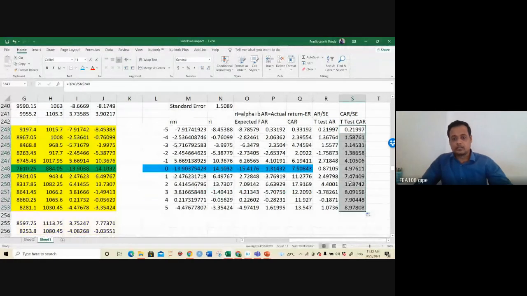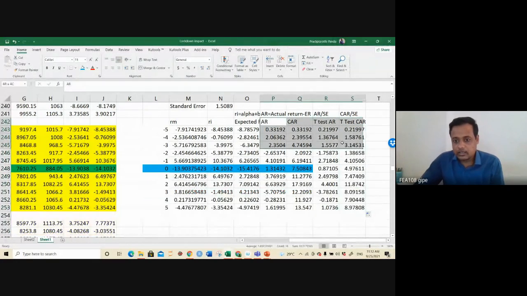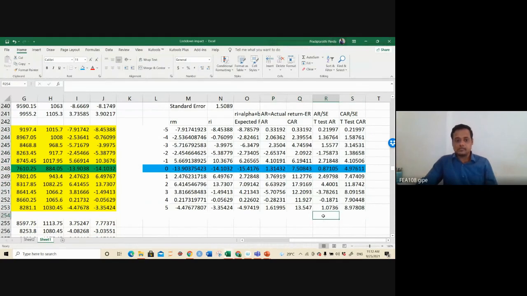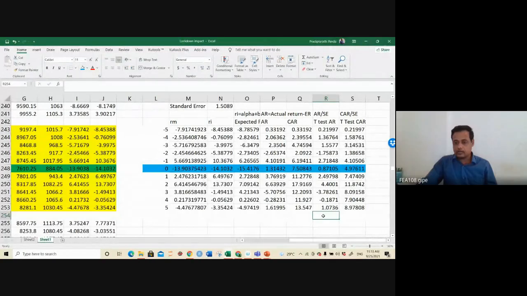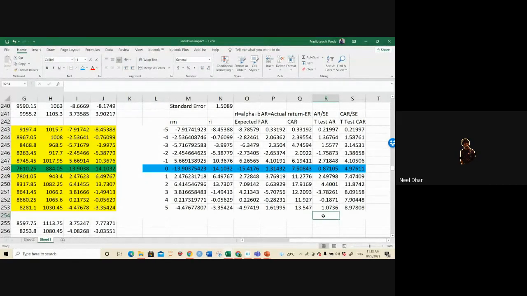Okay. So we have done so much, AR, CAR, expected return, but what is the conclusion now? Can anyone conclude this? So lower the t-test values, the better it is for us. Why? Sir, because we are first finding these AR values, abnormal returns, how much you're deviating from your normal value.